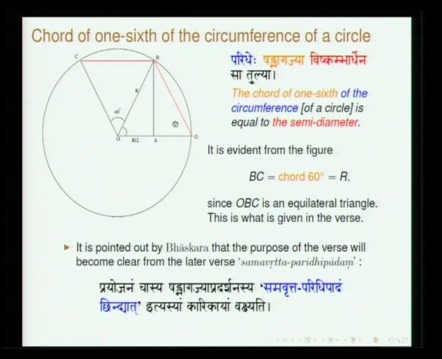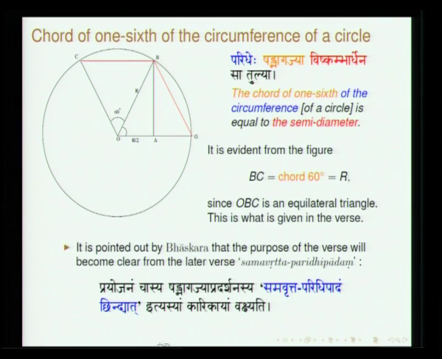So this is the same as the radius. This is pretty evident. If you think of this triangle OBC, which is an equilateral triangle, we have this chord which is the same as the radius. Fine. So the chord of 60 degrees is the same as the radius.